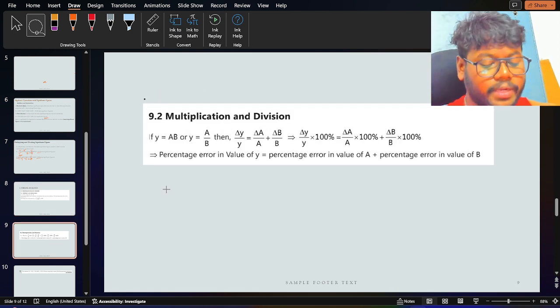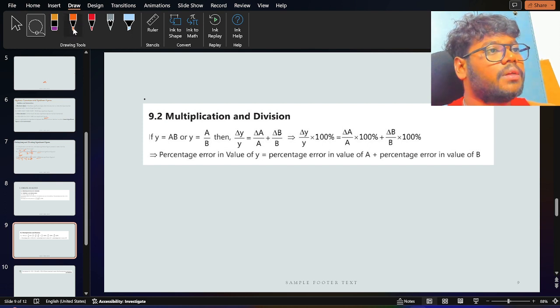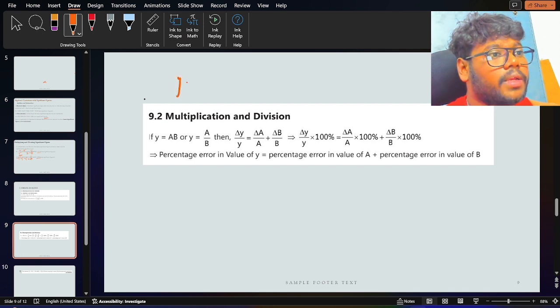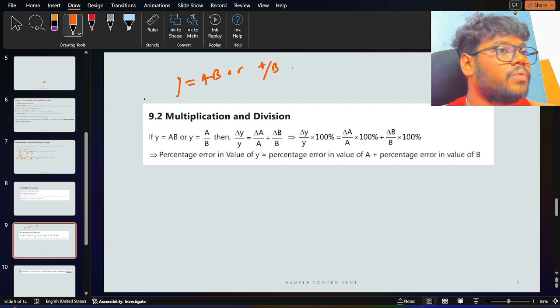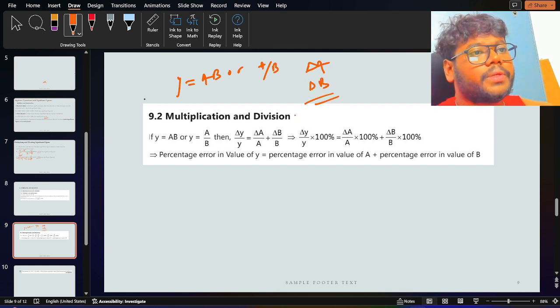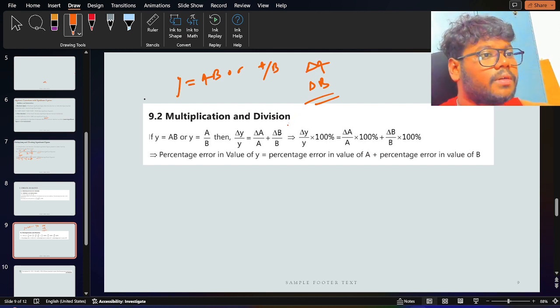Now coming to multiplication and division. For multiplication and division, we use the percentage of errors. So if we have a quantity y or x equal to a into b or a by b, with the respective errors in A as delta A and B as delta B, what could be the cumulative error in the physical quantity?